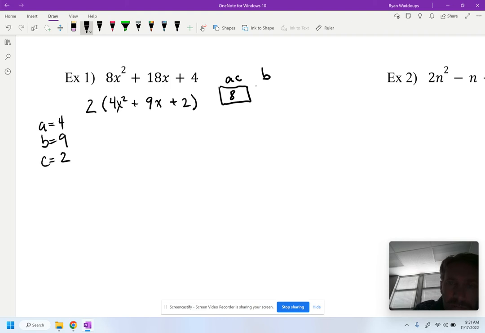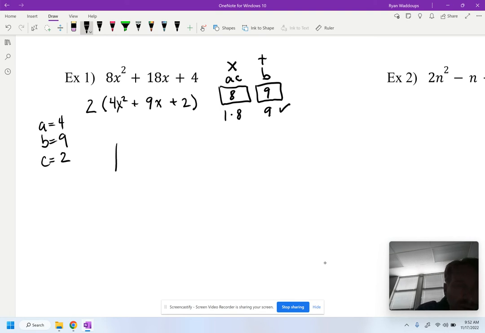And B is 9. So I'm looking for numbers that multiply to AC and then add to B. So 1 times 8, I'm just going to start with 1. I usually start with 1 because you can go through all the factors that way, 1 and then 2 and then 3 and so on. But 1 times 8 is 8, and 1 plus 8 is 9. So right off the bat, we found the numbers.